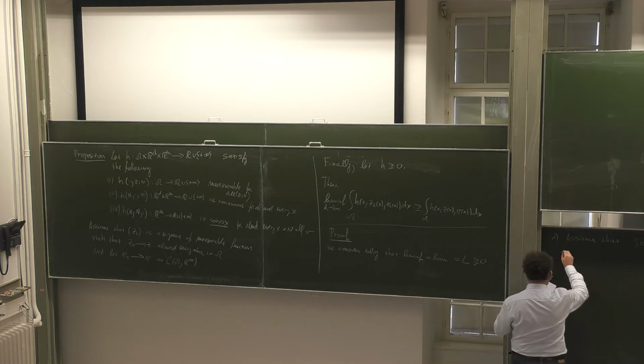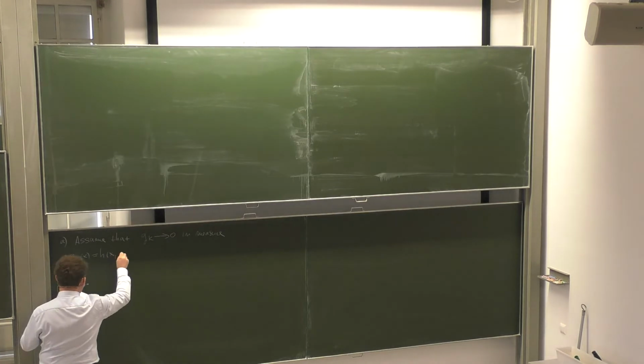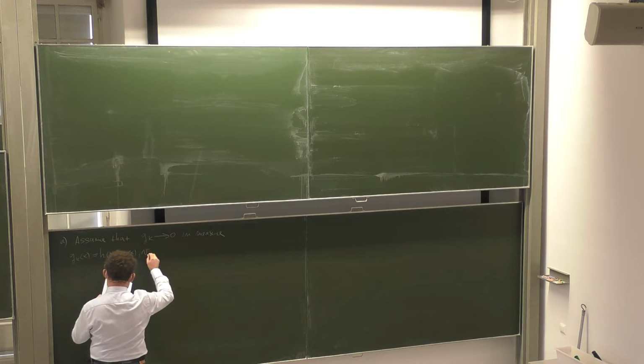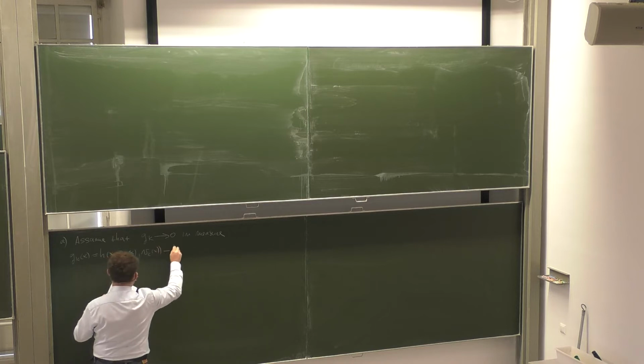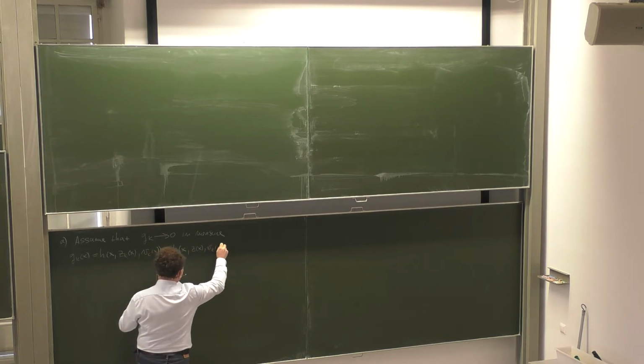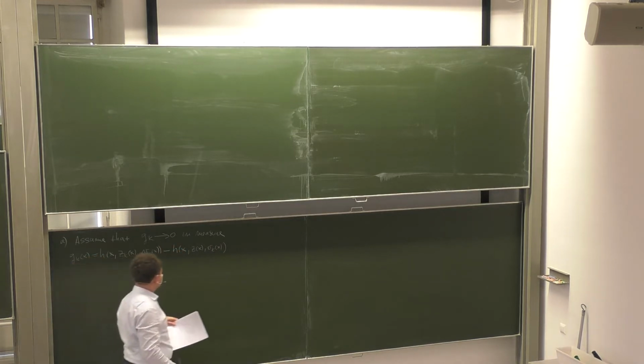But g_k will be the following: g_k(x) is H(x, z_k(x), v_k(x)) minus H(x, z(x), v_k(x)), and x is in omega.